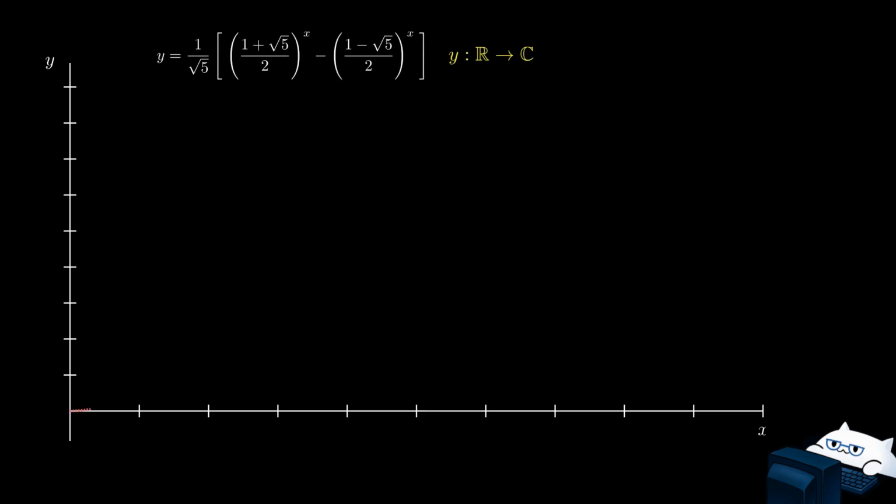Due to the complex output, we will graph the real and imaginary parts of this function as separate entities, with the red graph representing the real part and the blue graph representing the imaginary part. The imaginary part here is very small, so I'll scale it up a bit.